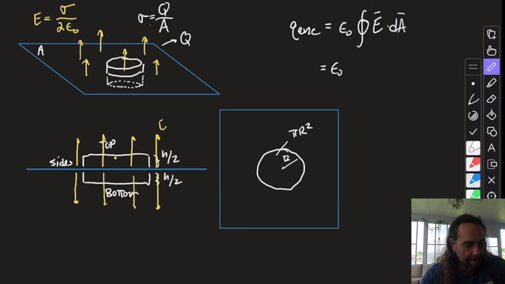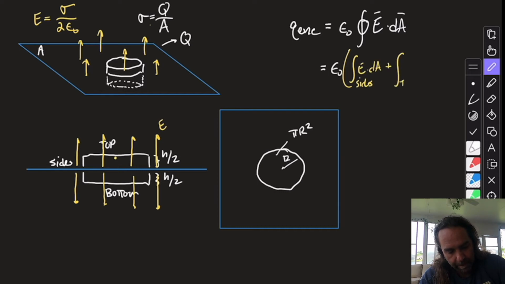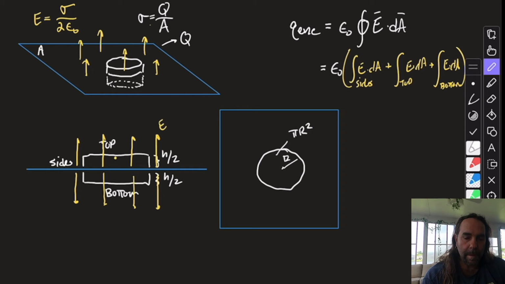That's what I expect from my electric field, which tells me that I can break up my integral into three parts. The integral for the sides, E dot dA, plus the integral for the top, E dot dA, plus the integral for the bottom, E dot dA. Now, let's be clear. For there to be a flux, electric field has to pass through the area.